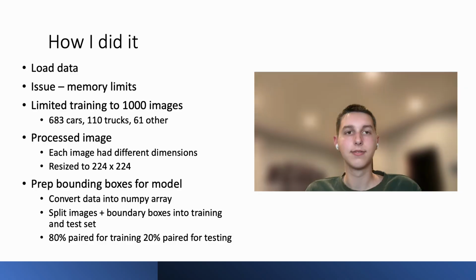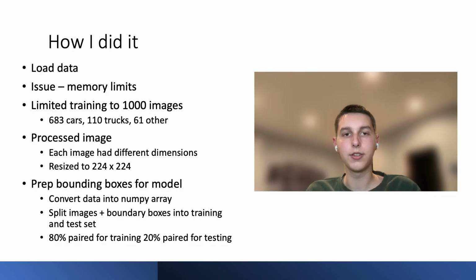To begin the process, I loaded the dataset and faced my first challenge almost immediately. I quickly realized the limitations with my memory and processing power, since so many images take up a lot of space. To combat this, I decided to limit the training set to 1,000 images, with a distribution of 683 cars and 110 trucks and 61 other vehicle types.